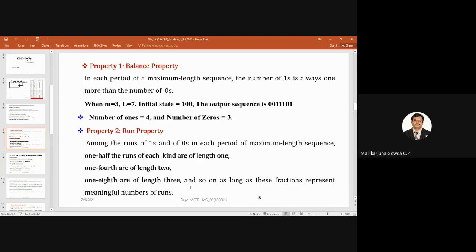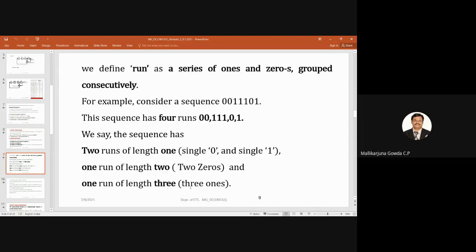So 4 ones are 4 twos are 1 by 2. But 0.5 is not the length of a run, no? In that sense, I said. So here, with respect to this example, one run is having a length of 3.